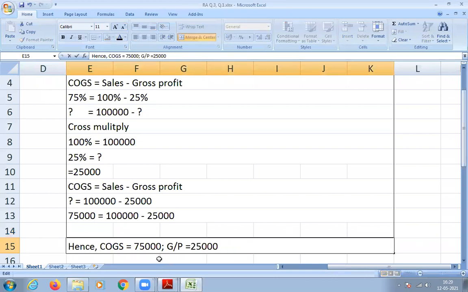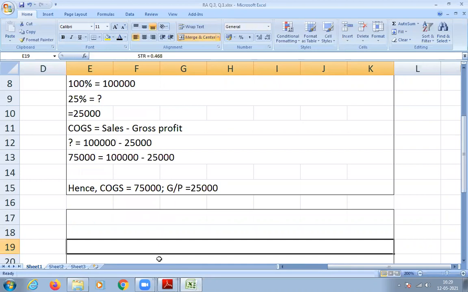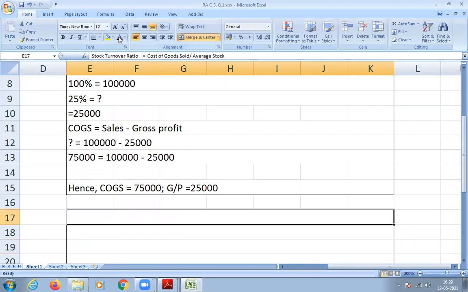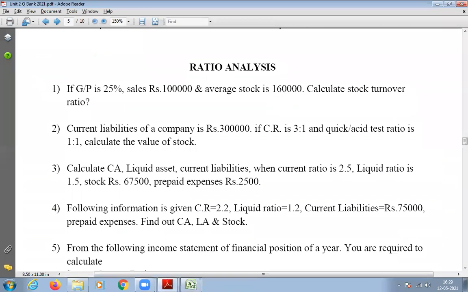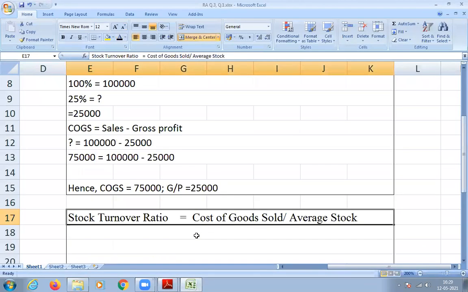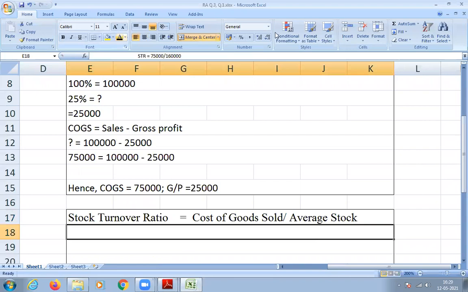Now you put in the formula and you will get the stock turnover ratio. I need COGS, I got it now, 75,000. Average stock, how much is given? 1,60,000. Substitute now, you will get 0.47 times.